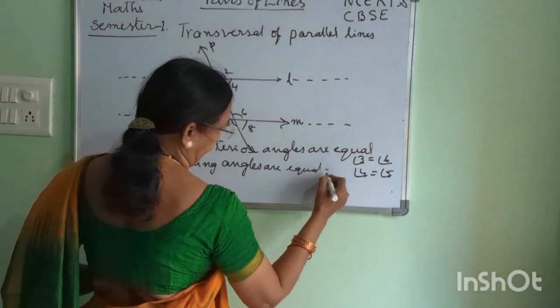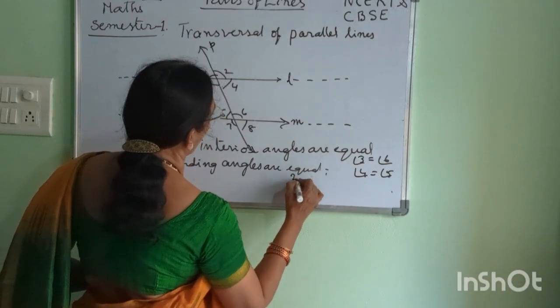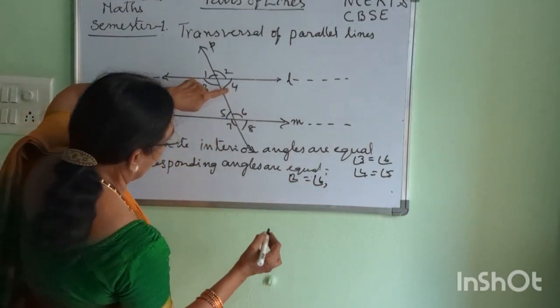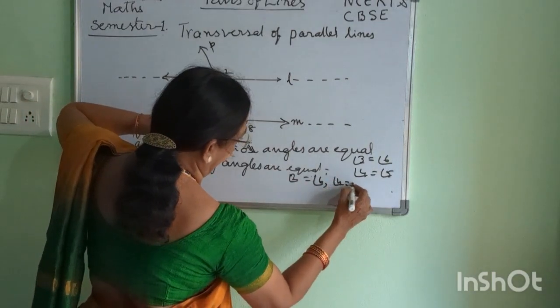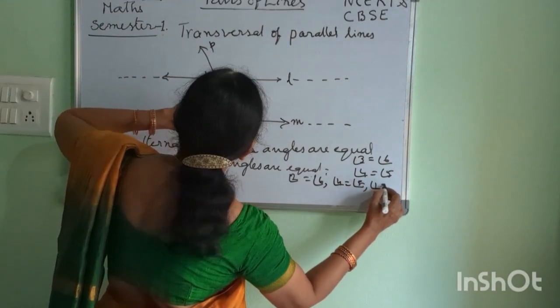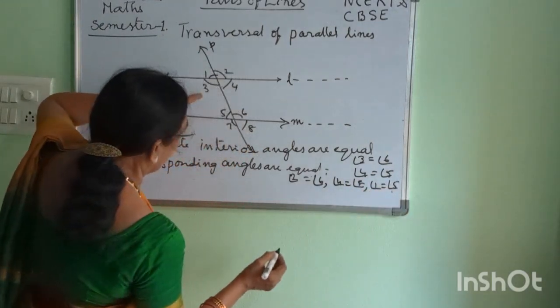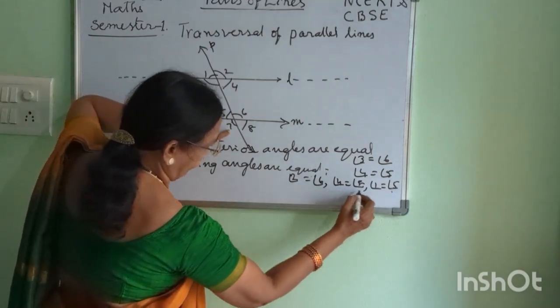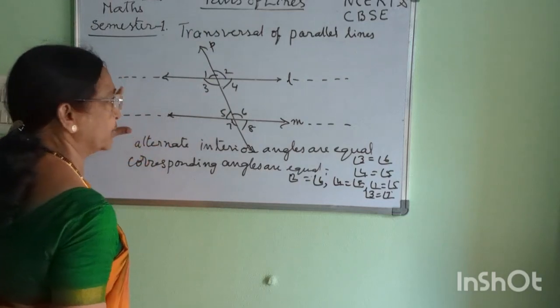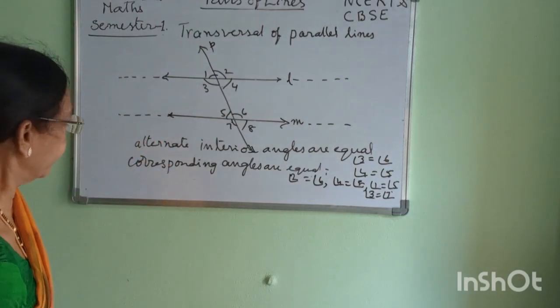Therefore, corresponding angles: angle 2 is equal to angle 6, angle 4 is equal to angle 8, angle 1 is equal to angle 5, and angle 3 is equal to angle 7. So corresponding angles are equal.